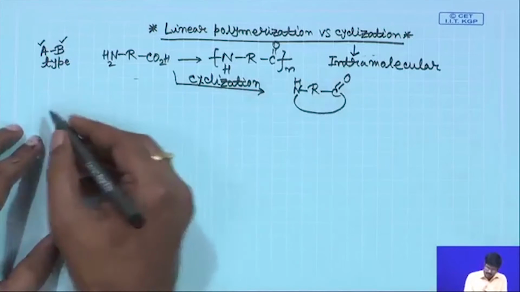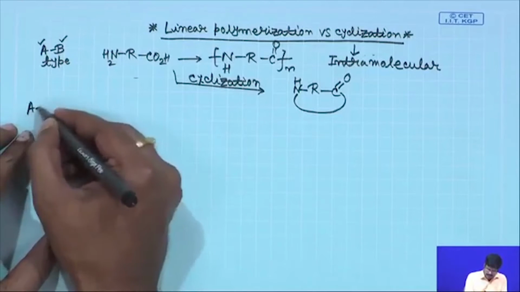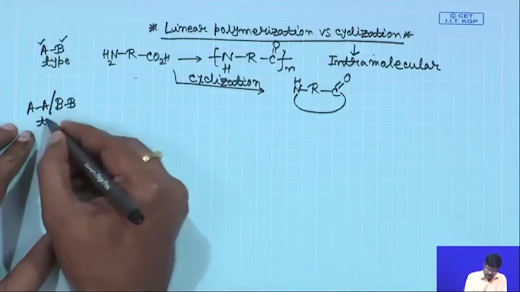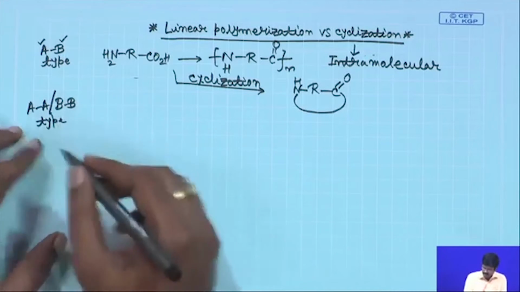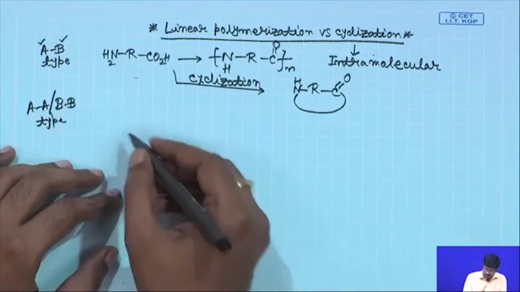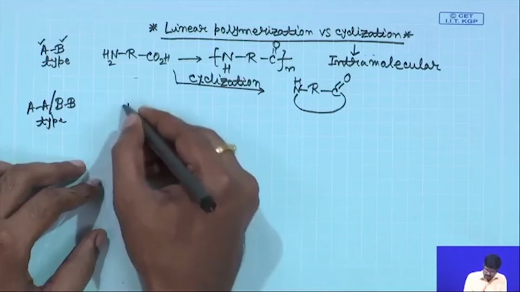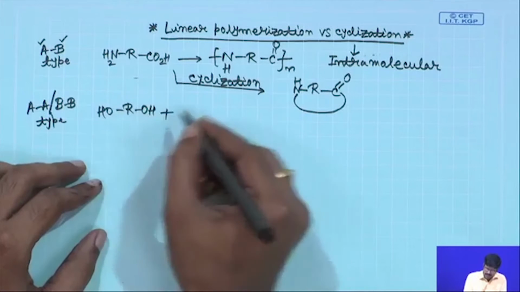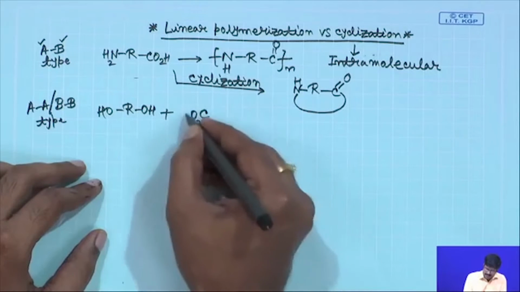Or what you could have is a system which is AA and BB type, the kind of systems that we have discussed a lot. So, suppose you have a diol, you are reacting with a diacid.